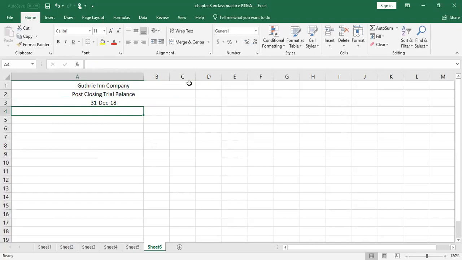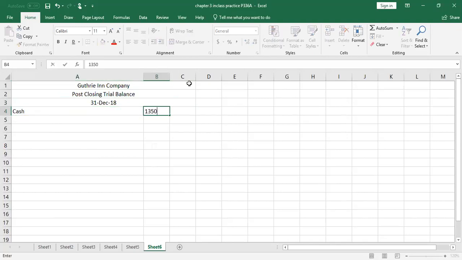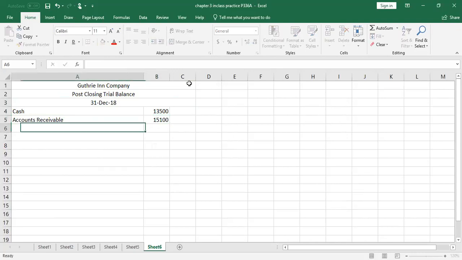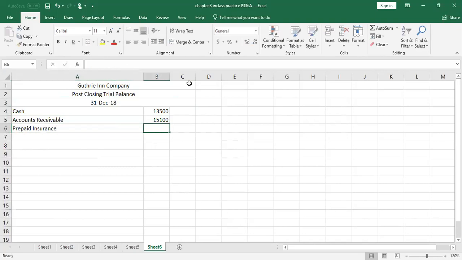Now list any assets, liabilities, or stockholders' equity that the company has balances in on this date. Cash, $13,500 debit. Accounts receivable, I'm using my T accounts, $15,100. Prepaid insurance, $700 debit balance.